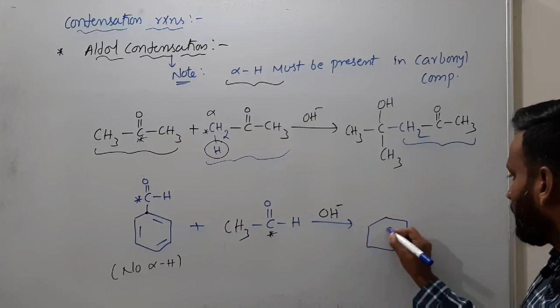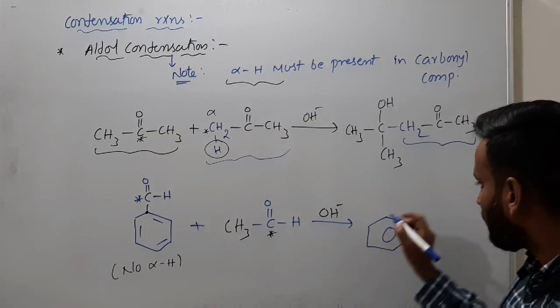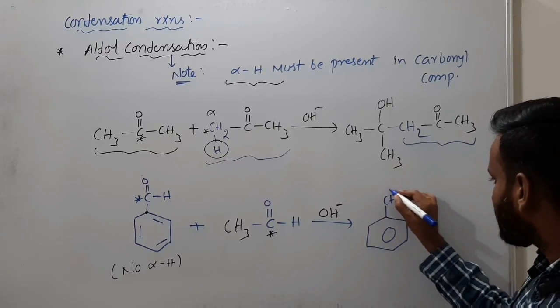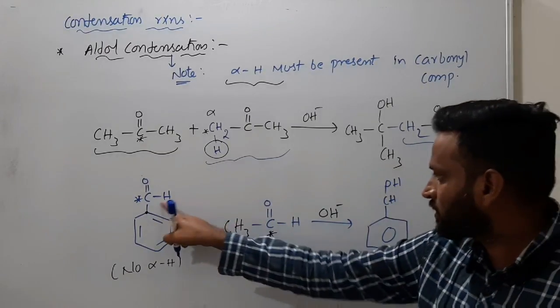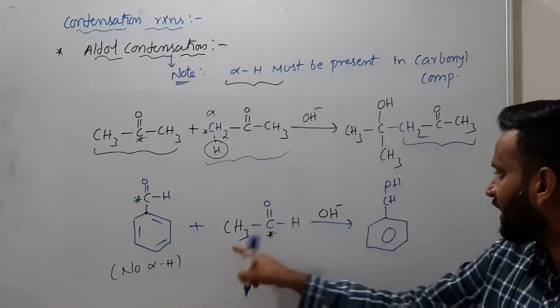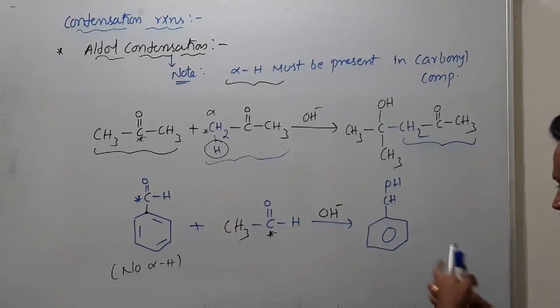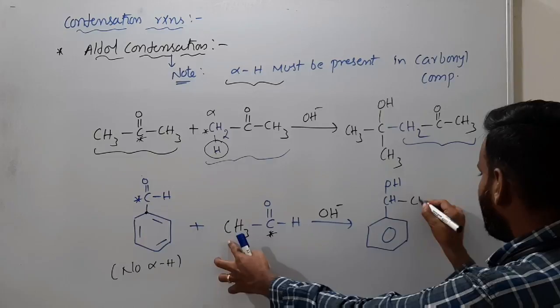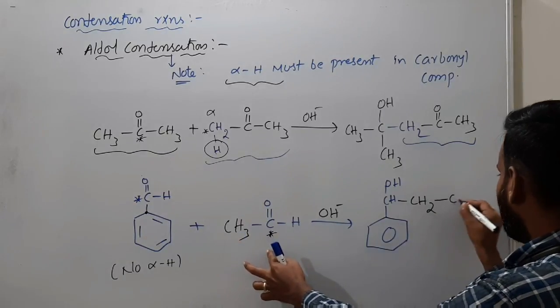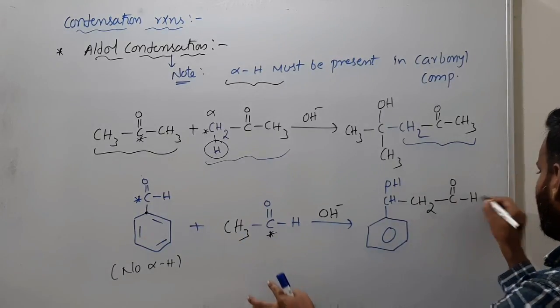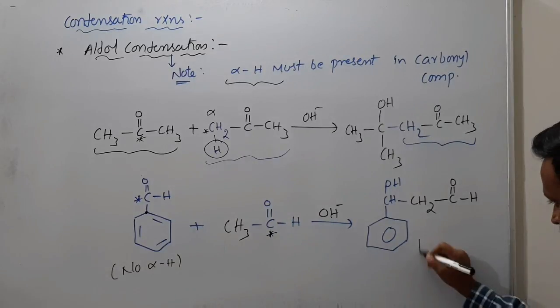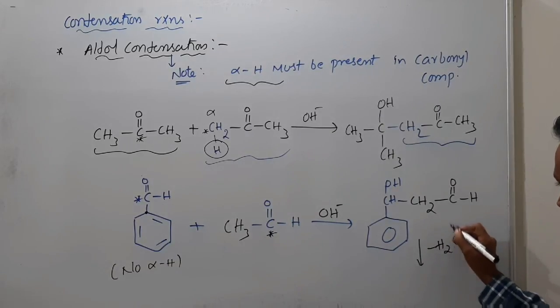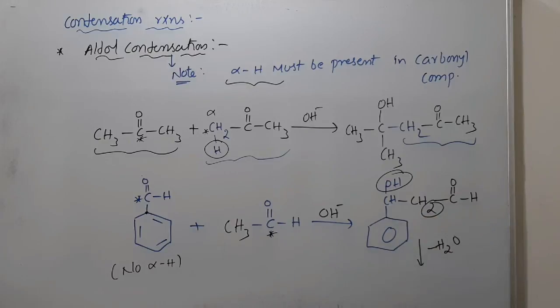C6H5. From the one from which alpha hydrogen was not removed, it becomes CHOH, with hydrogen from here. Now the remaining is this. So this will be CH2, C double bond H. From this, if you want, you can remove water. So OH from here, H from here.